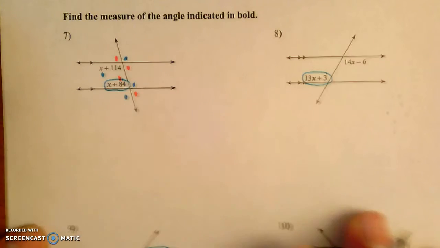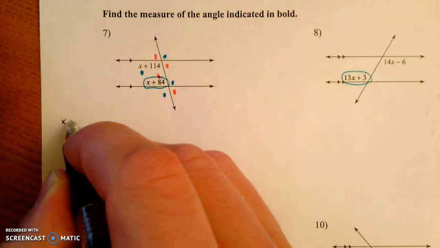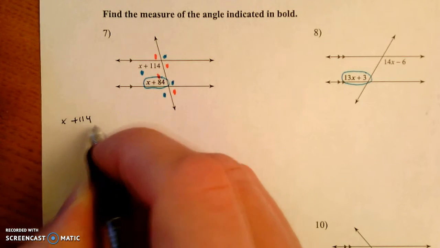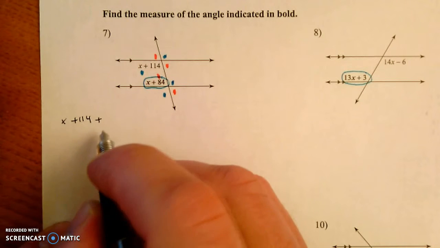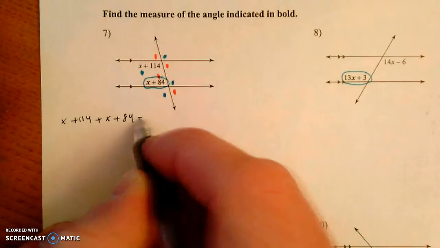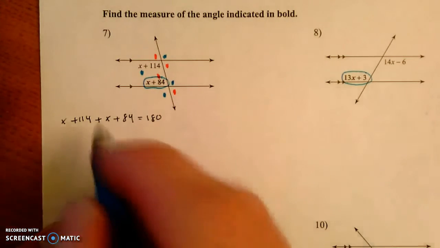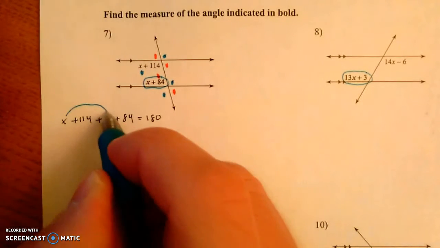So I'm going to set my equation up like that. I'm going to say x plus 114 plus x plus 84 equals 180.